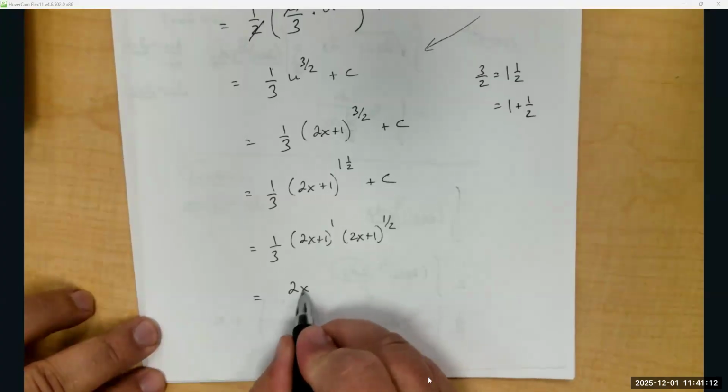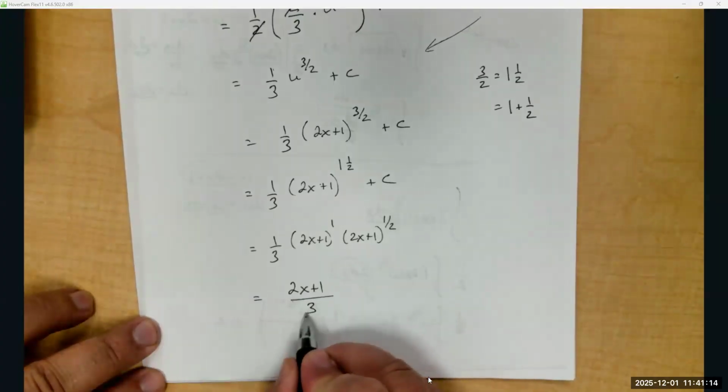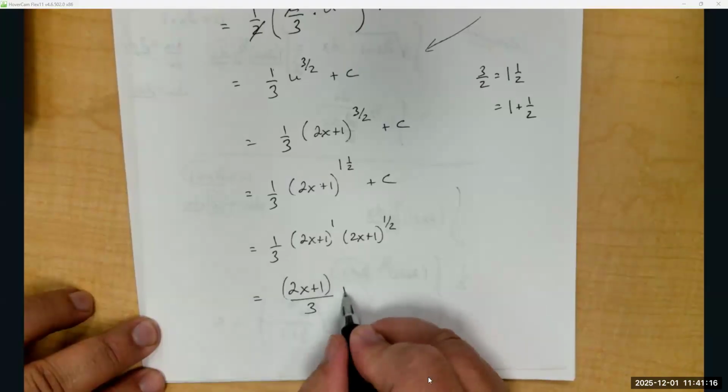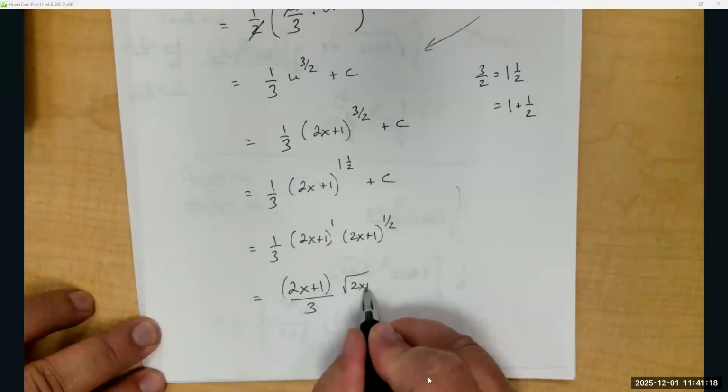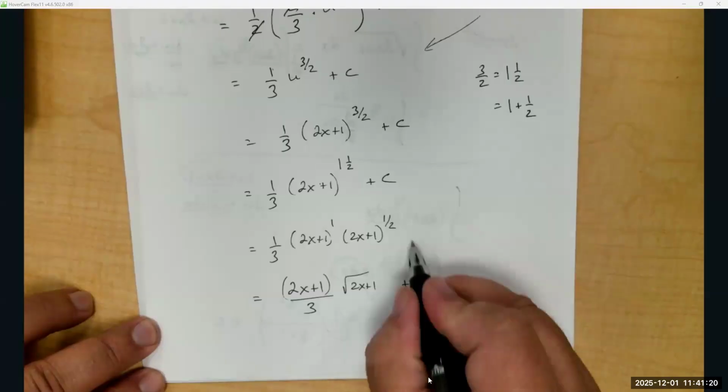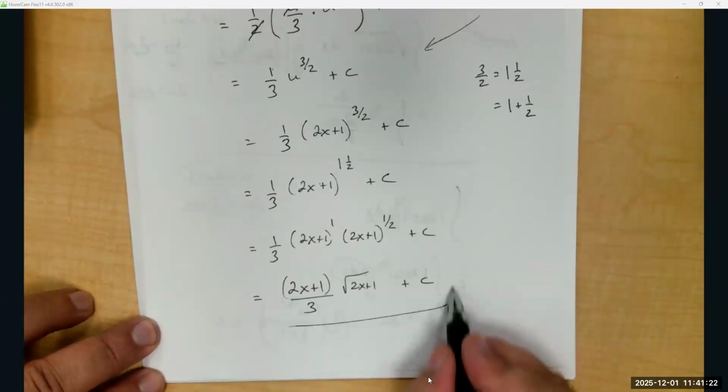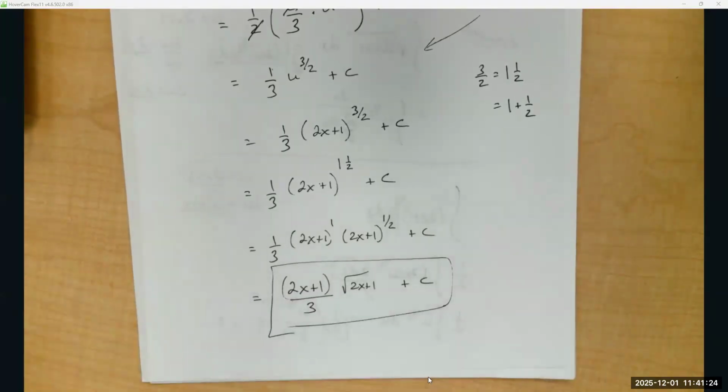So it's (2x plus 1) over 3 times the square root of 2x plus 1, plus c. This is the way your answer should look.